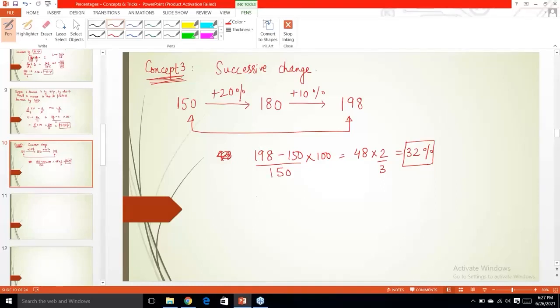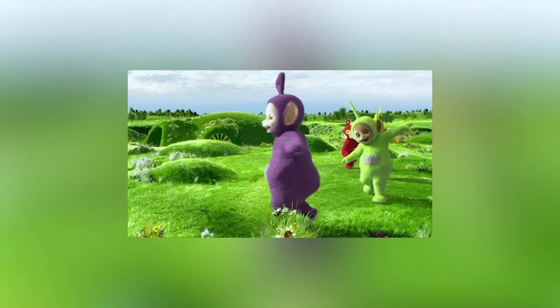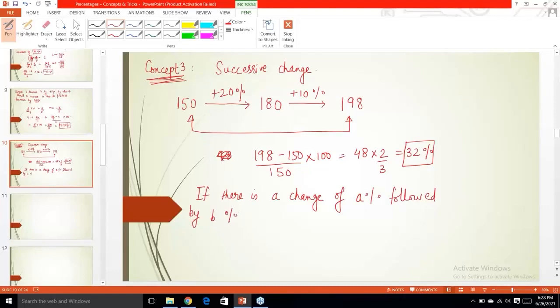Now, there is a very nice and elegant formula that helps you determine this, right? So if there is a change of A% followed by B%. Now I'm writing change because change could be positive or negative also, right? A negative change would mean a decrease, a positive change would mean an increase, right?